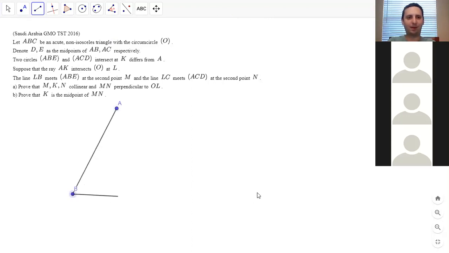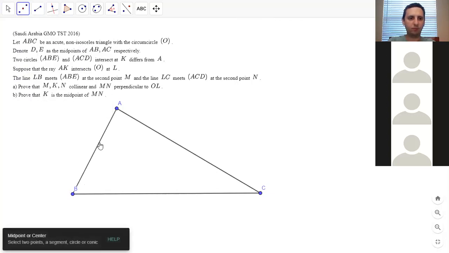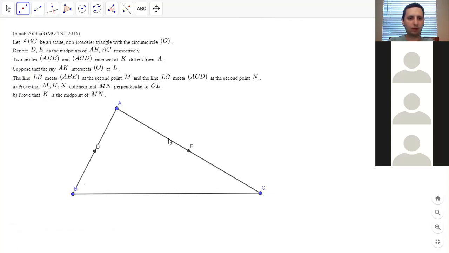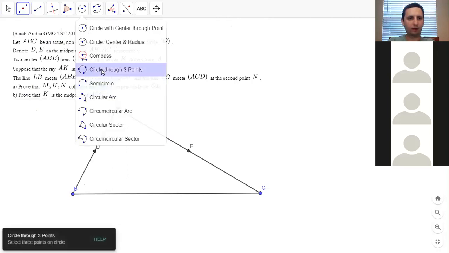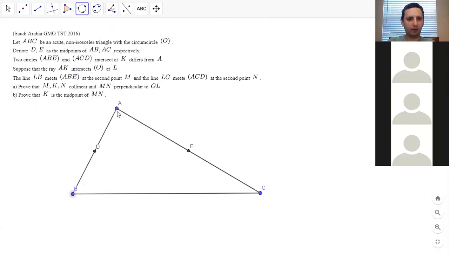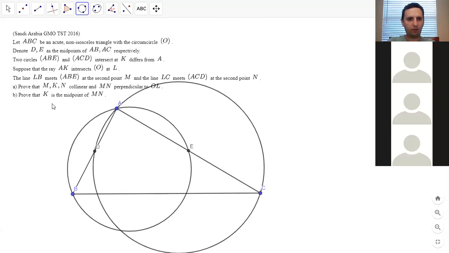So ABC, D and E are the midpoints of AB and AC. And then we draw, oh, this looks kind of similar. Well, not exactly. So we have BE and CD intersect at K. This feels a little like symmedians.